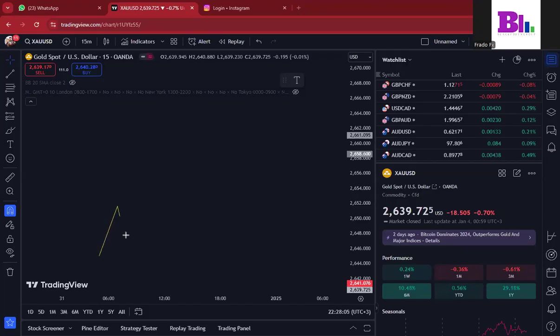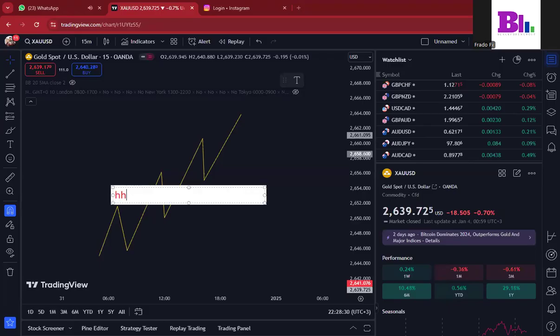So let's take an example. This is our uptrend. The first thing you have to know is that most of the time, when you have this kind of structure, you must map what we call highs and lows. So for example, here this is a higher high.